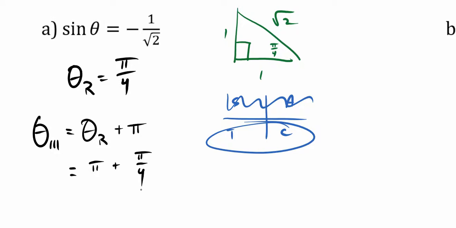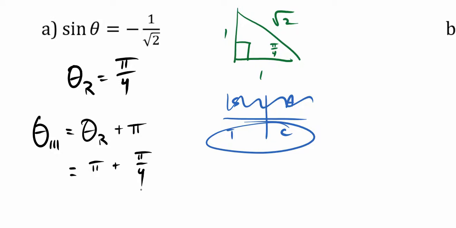Okay, interesting. What do you think? 5 pi over 4. Why do you think it's 5 pi over 4? Oh, because it technically would be like 4 pi over 4, so 4 plus 1 is 5. Yeah. So in grade 9, when we talk about adding fractions to whole numbers, you get a common denominator, and you do all this work, so like 1 is like 4 over 4, and you would show that. So 4 over 4 plus 1 over 4, you add the tops.